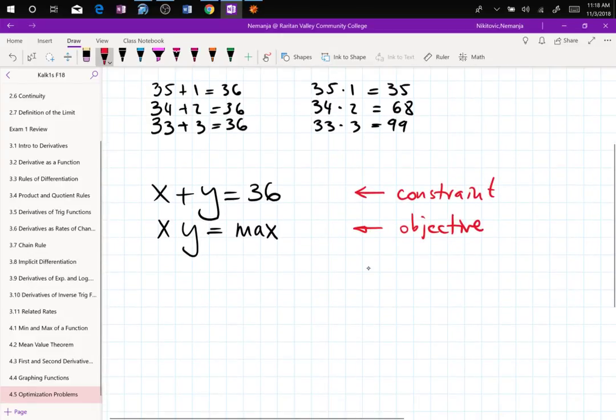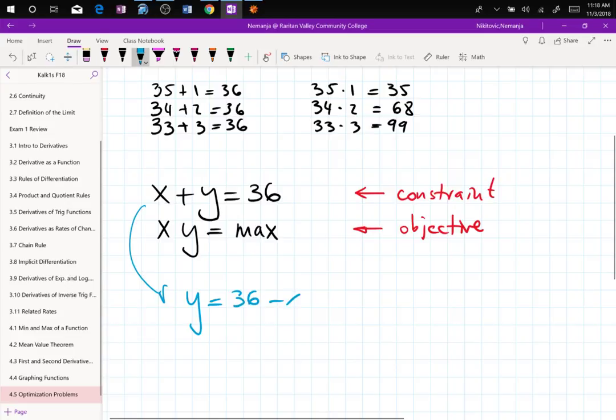Well, I have this equation here, objective equation, which has two variables. So I'm going to go into the constraint equation and solve it, say, y equals 36 minus x, and then plug in. So that's what we have.